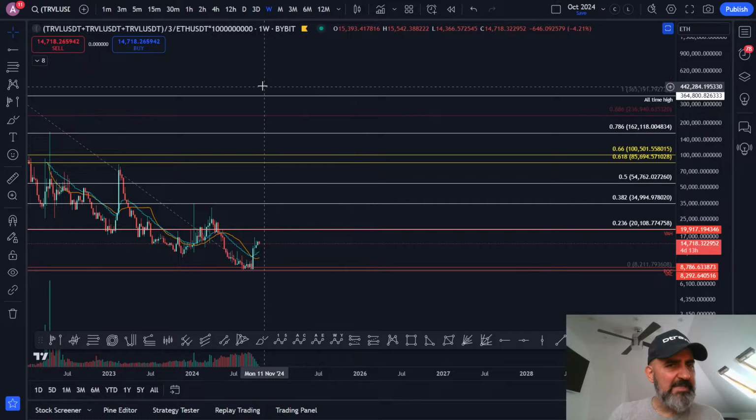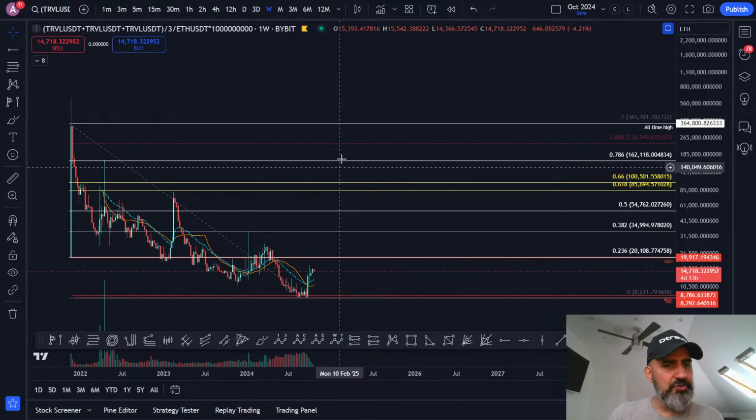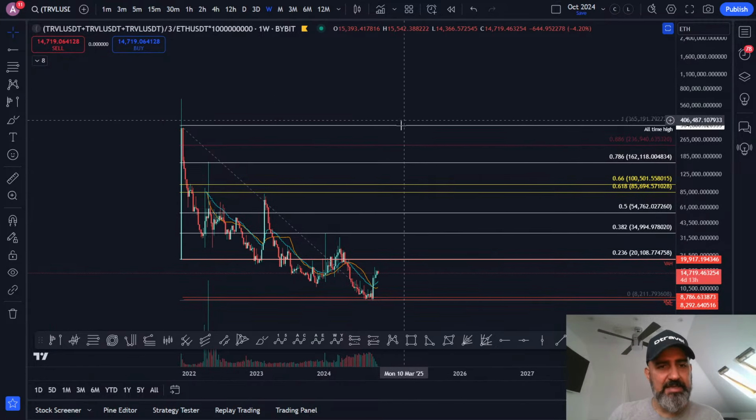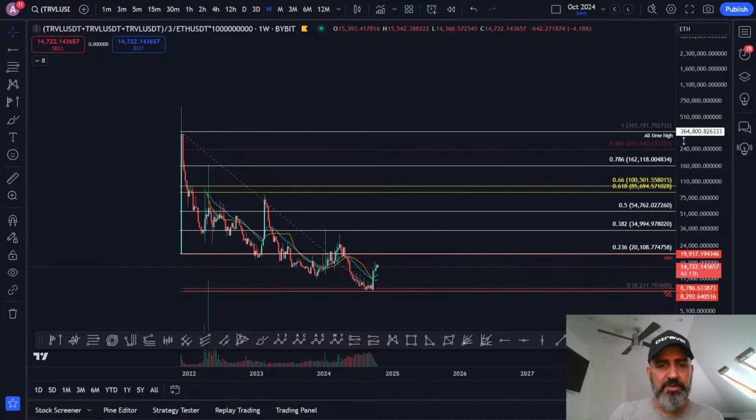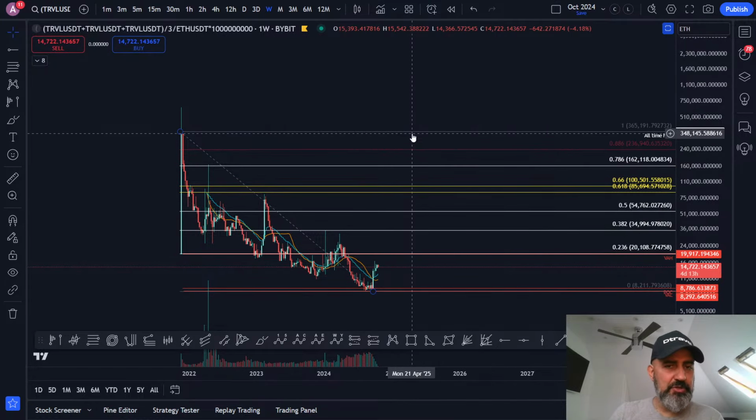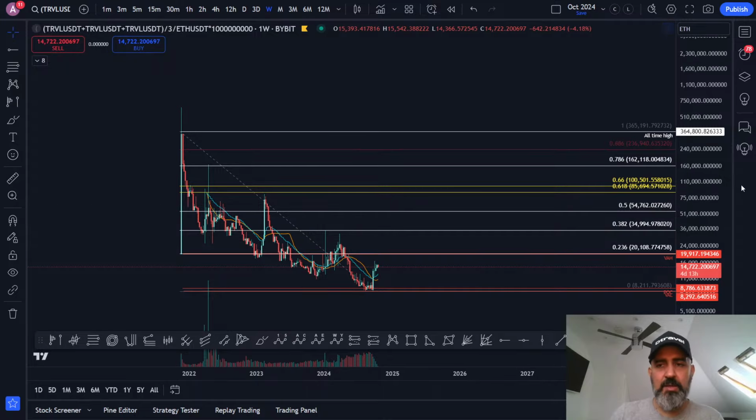That's why I think against ETH it's possible. If we were to go up so much against Bitcoin, I think against ETH it's possible that we actually go into some kind of price discovery, because this is only a 2,300% increase against ETH. We have to see how this plays out, right?